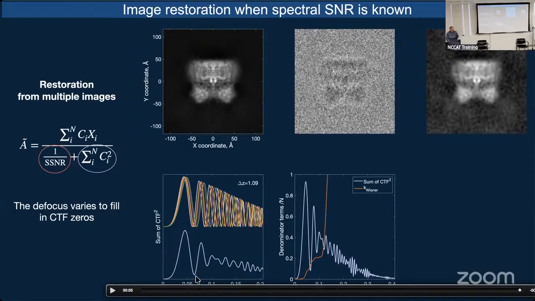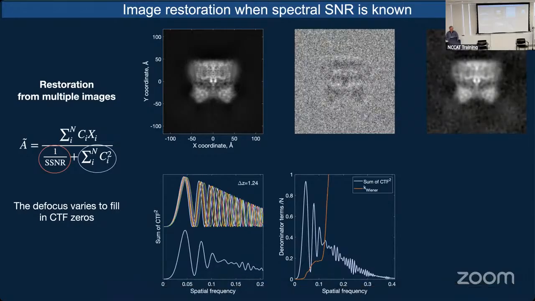It goes almost to 0 at that point, but otherwise it's considerably above 0, and that's going to help us because there's no loss of information. And you can see that after we've added several together, the regularization term relative to the CTF squared term is bigger out to a higher spatial frequency, and that's what we're seeing there.